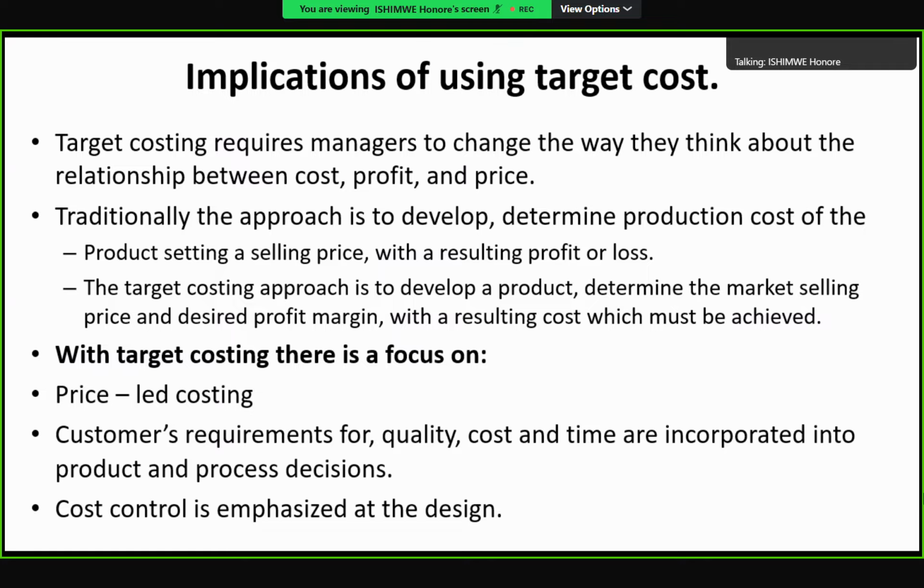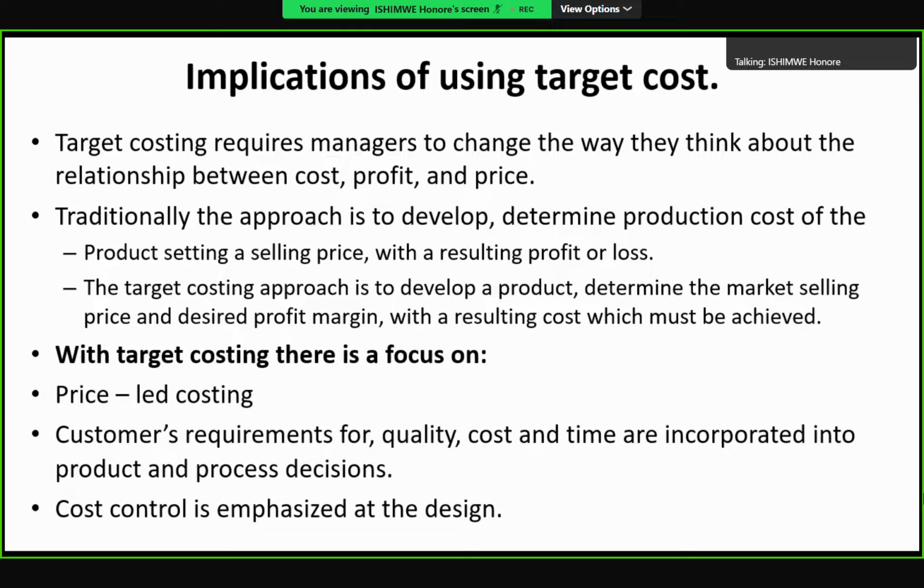Then you remove the desired profit, or the profit you want to get from that product. Then it will give you a cost you should be achieving, you should be producing at the desirable cost relating to the selling price needed on the market, and the desired margin is also included there.